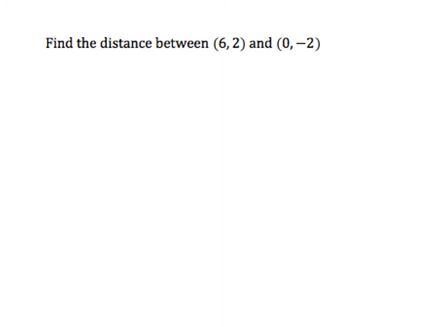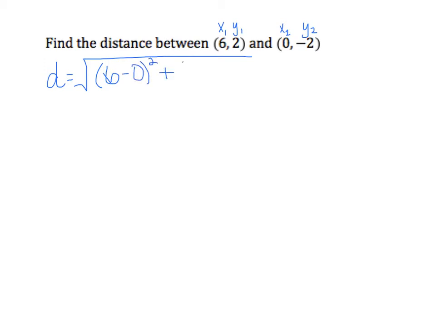All right, so let's do another example. We're going to find the distance between these 2 points. So we take the distance formula. It's the square root. Here's x1 and y1, x2 and y2. So 6 minus 0 squared plus 2 minus negative 2 squared. 6 squared is 36.